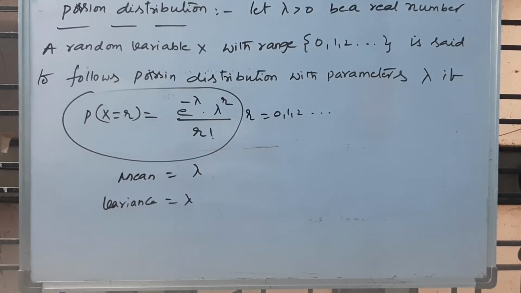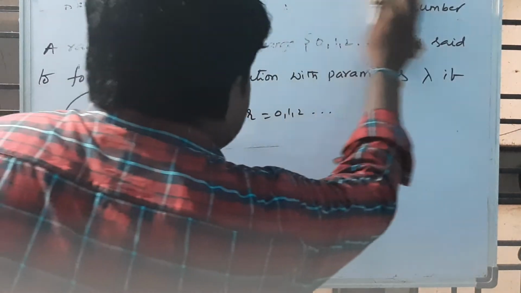So now we are going to discuss some problems in random variables. I will explain some problems in this chapter.